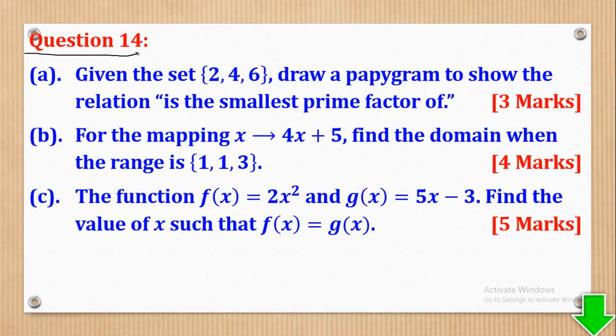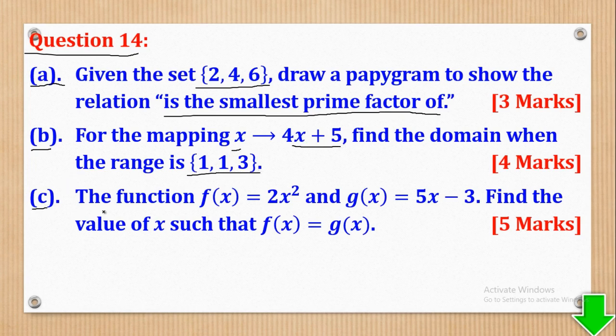Now we shall go to question 14. Question 14 part A says, given this set, draw a parallelogram to show the relation is the smallest prime factor of. That is part A. Part B, for the mapping of x to 4x plus 5, find the domain when the range is 1, 1, 3.